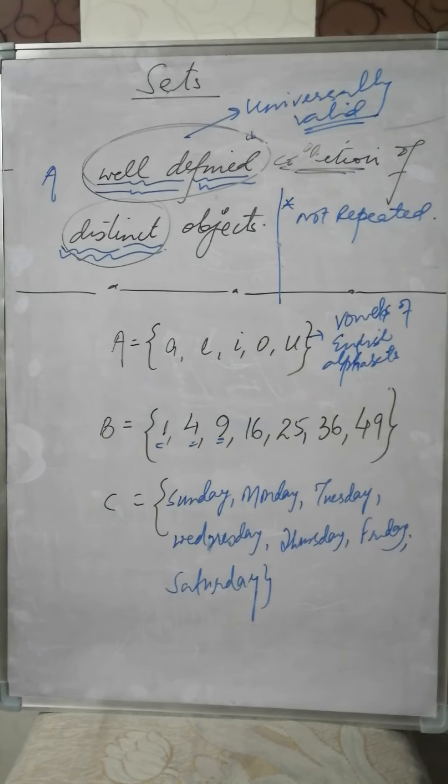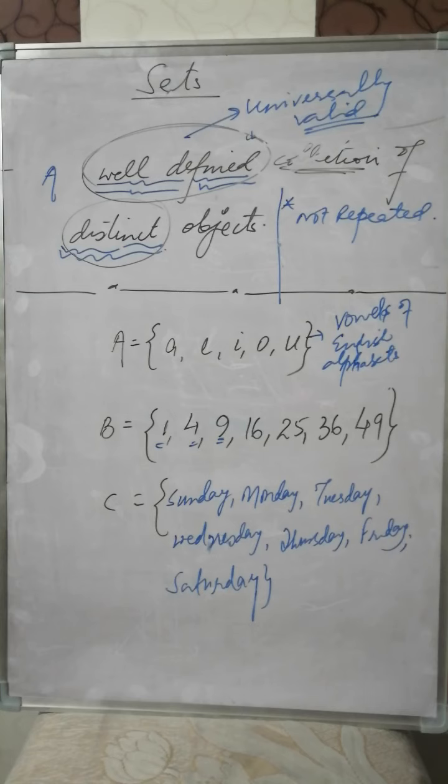This is very important to understand. That is, it doesn't change with place or person. Personal perceptions are not involved. I hope it is very much clear to everyone now. So a set is simply a well-defined collection of distinct objects. Why distinct? Because objects should not get repeated.